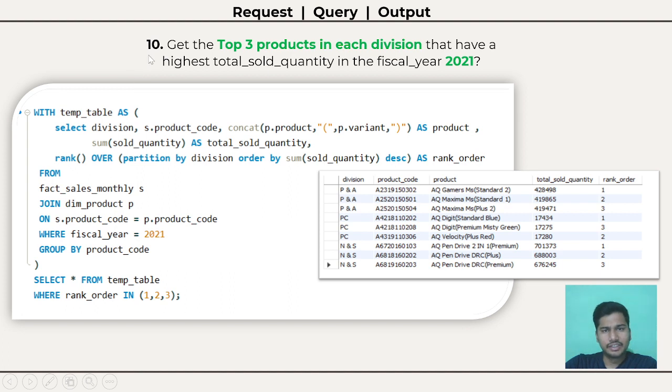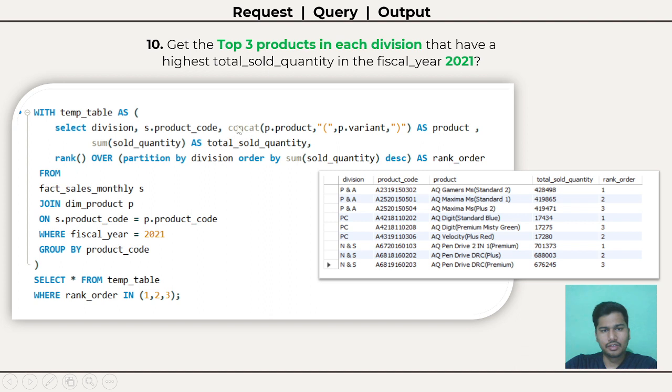10th request, this is the last request. Get the top 3 products in each division that have the highest total sold quantity in the fiscal year 2021. So here I used CTE, and one important thing I used is concat. If I see here AQ, this product they were having the same product name, but their variant was different, standard 1 and plus 2.